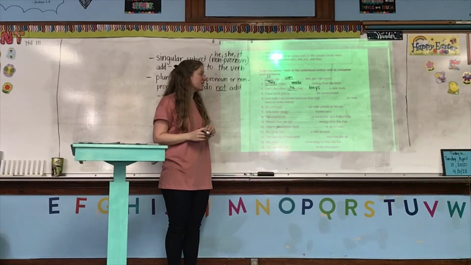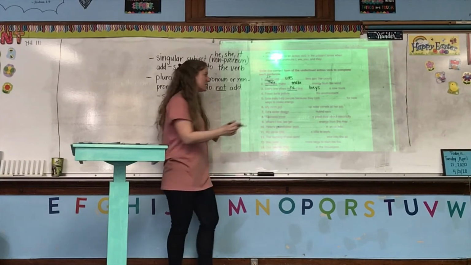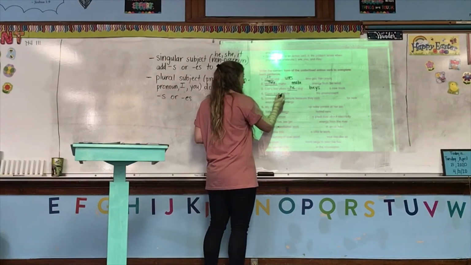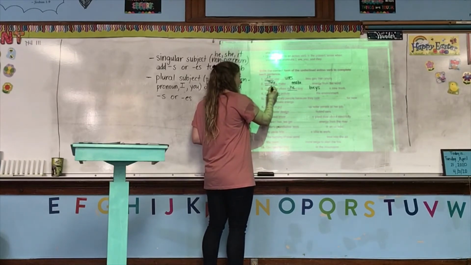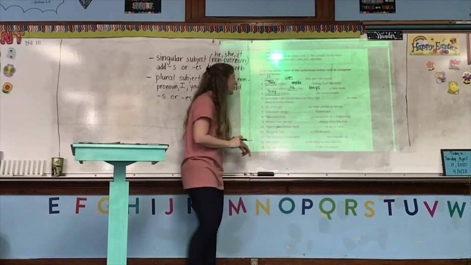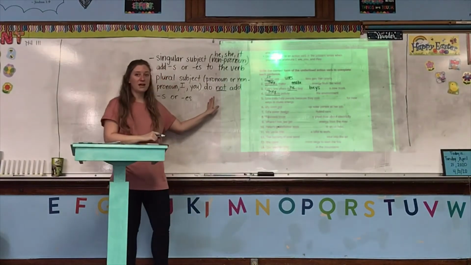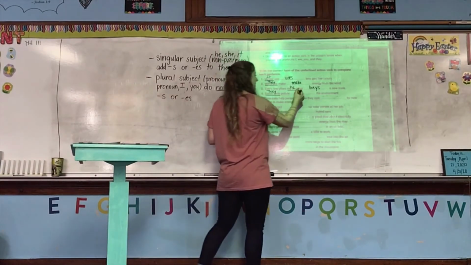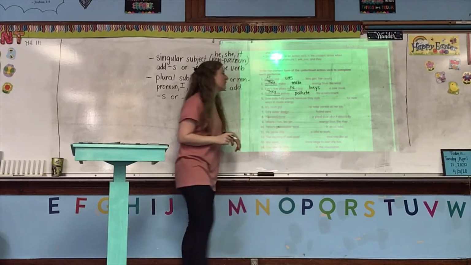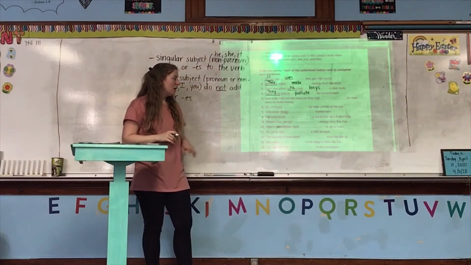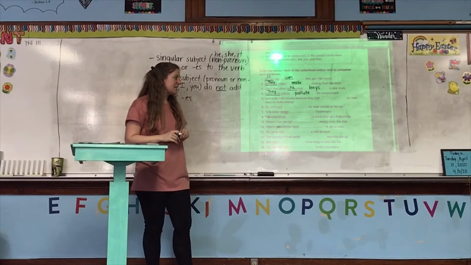Number 4, fossil fuels pollute the environment. Fossil fuels are what are doing the action, so that's our subject. It is plural, so we would make it they. We know that with plural pronouns, we do not add an S, so they pollute the environment. Number 5, scientists help people because they look for new ways to make energy.